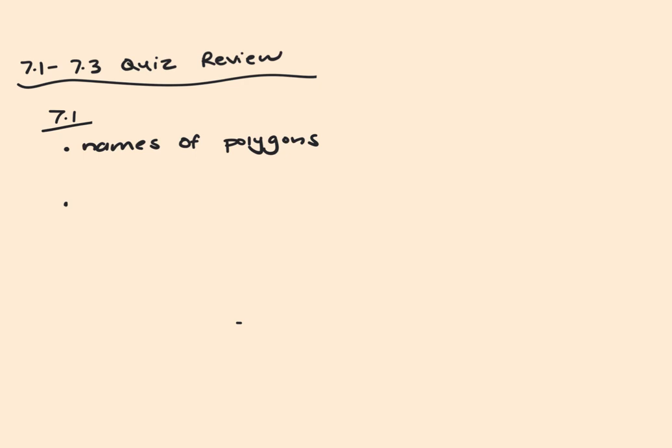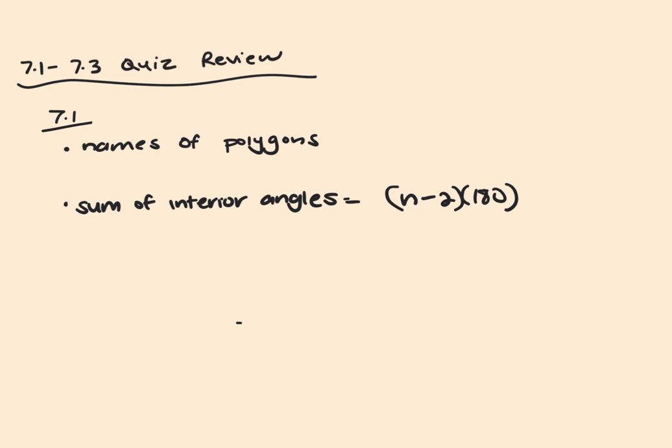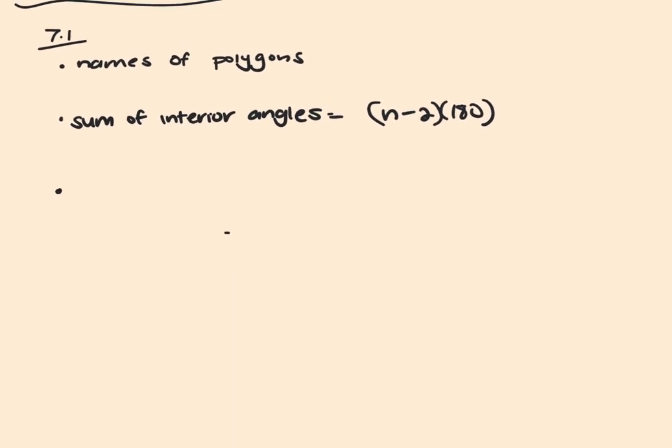Then you need to know the sum of the interior angles, which is n minus 2 times 180. You need to know the sum of the exterior, which is always 360.